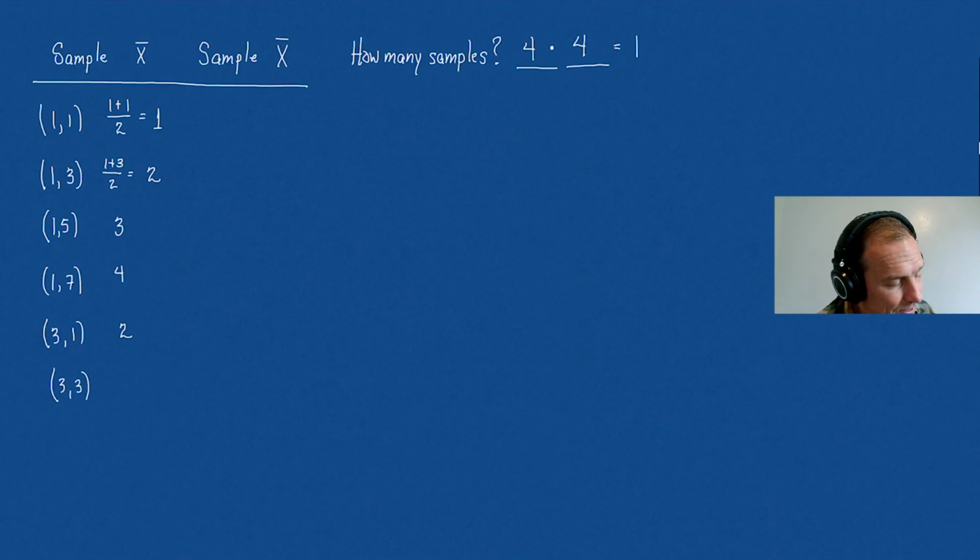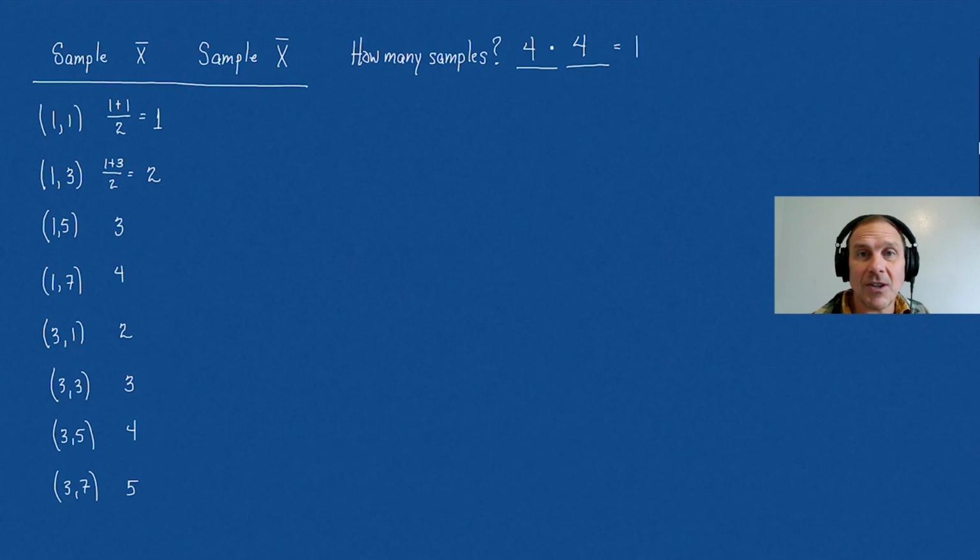Multiply it by a half, or divide it by 2, for 3. 3, 5. That's going to be 8 divided by 2. And finally, 3, 7. That's going to be 10. If I add them and divide by 2, that's going to be 5. And then let's continue this pattern. I'll continue working through this. You should as well. And here we go.